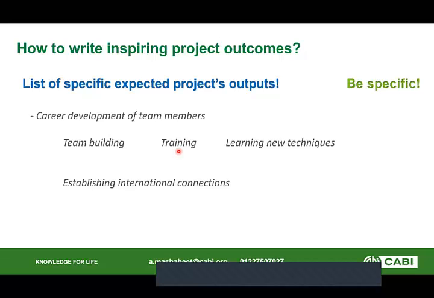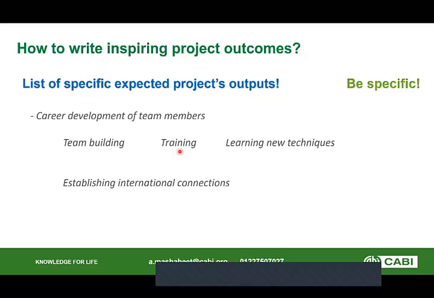And at the same time, training that they provide to others, passing on what they have learned either from the training that they participated in, or from the research and science that they are pursuing. I would encourage you to include both in your project.